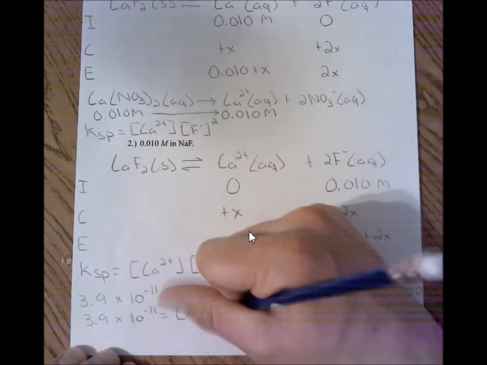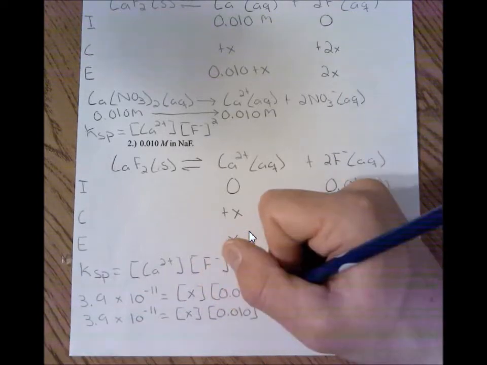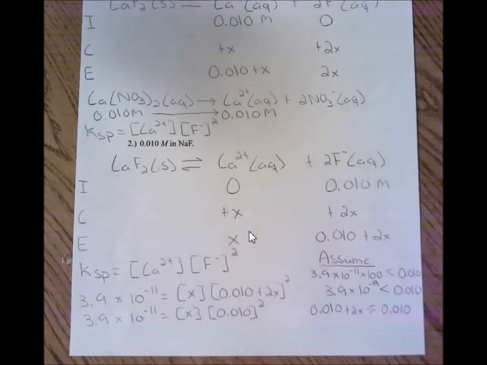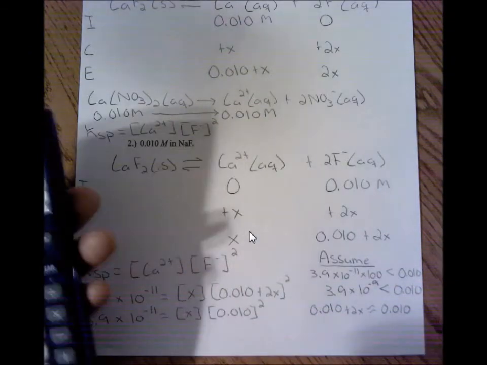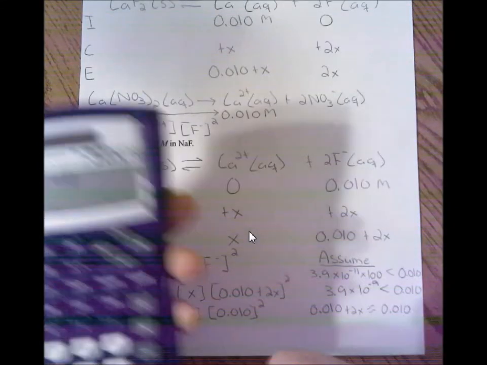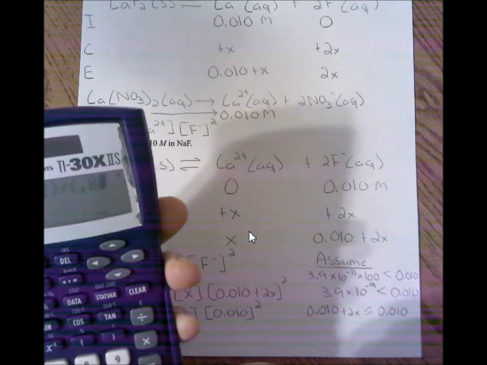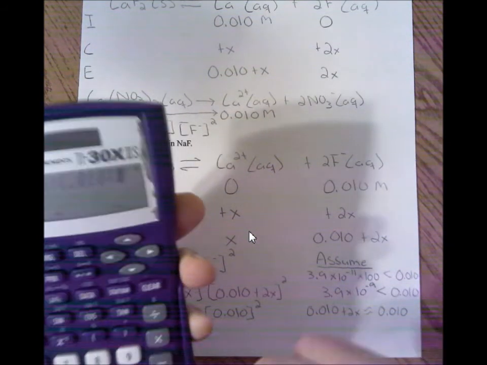I'm running out of space, and I can solve for x. To solve for x, you take 3.9 times 10 to the negative 11th and divide it by 0.010 squared, and you obtain your answer. Now, our value for x is 3.9 times 10 to the negative 7th.